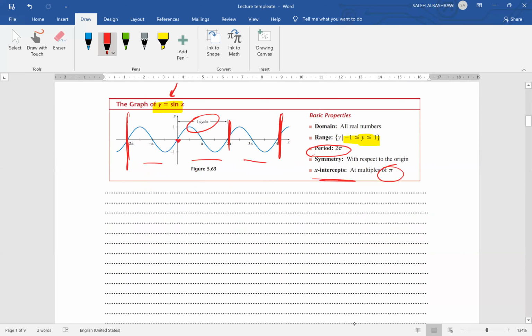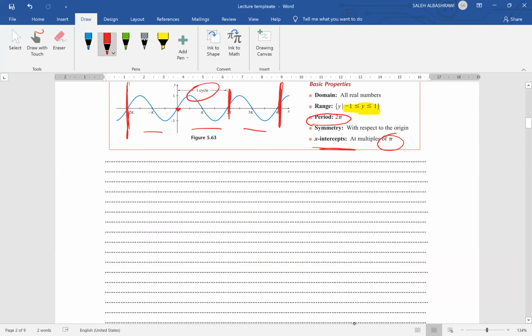So in general, let's take the general case. It will be y equal to a sine bx. This will be the general form of the sine function.